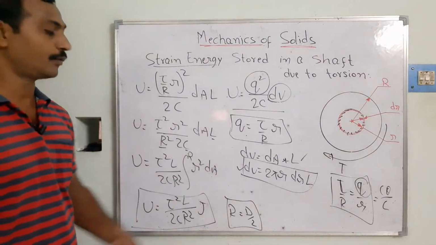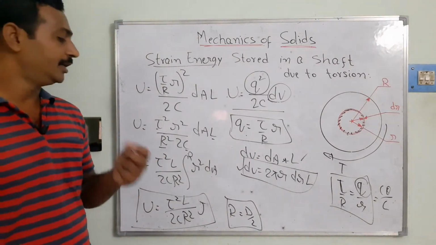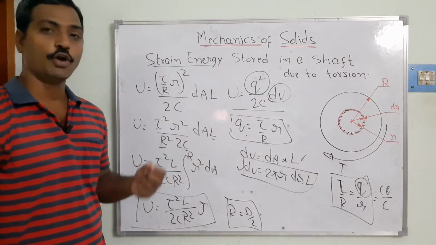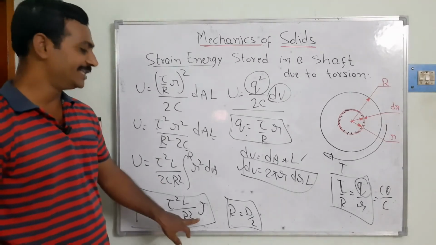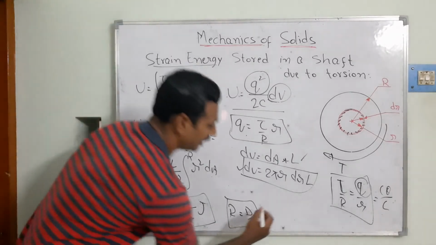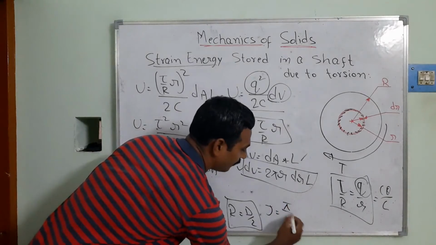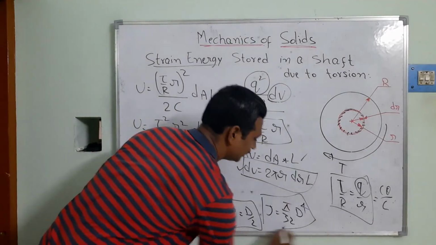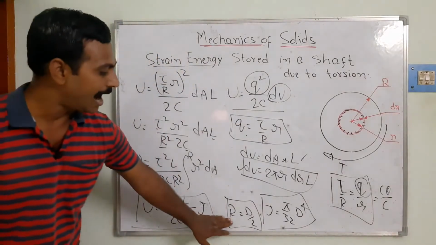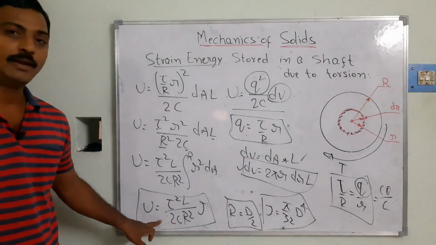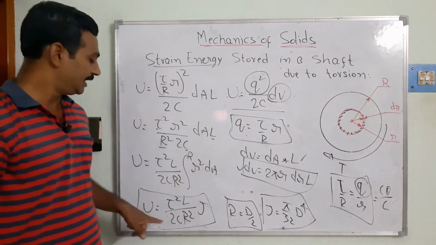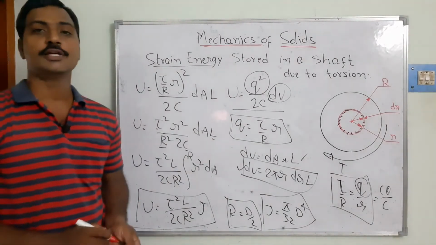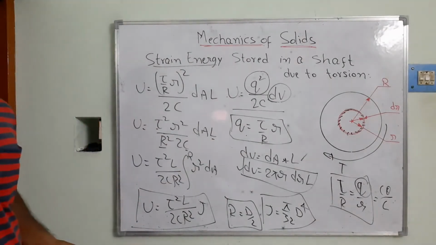For the hollow shaft we would write D0 by 2. And J is the polar moment of inertia, J is equal to pi by 32 into D to the power of 4. If I substitute R as well as J in this equation, I can get the equation in terms of the total shear stress.